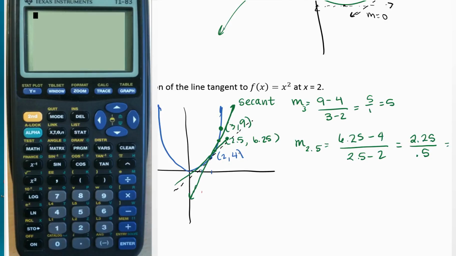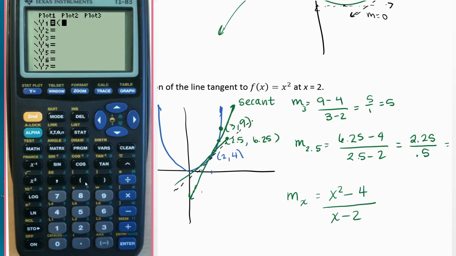Well, we're always using 2 and 4, right? So if we call this x, we're always doing x squared minus 4 over x minus 2. And we want values that get closer and closer to 2.